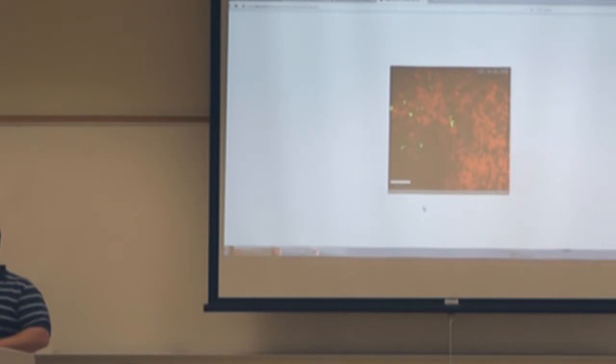So it looks like in that video we're looking at, in this case, here the dendritic cells are green. And there are macrophages that are red.